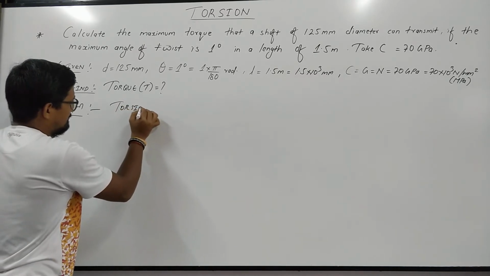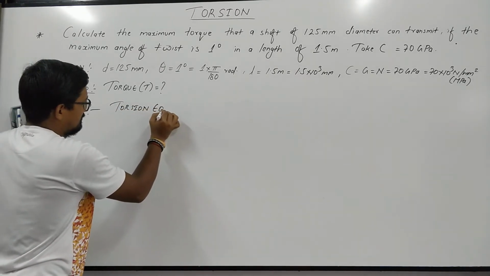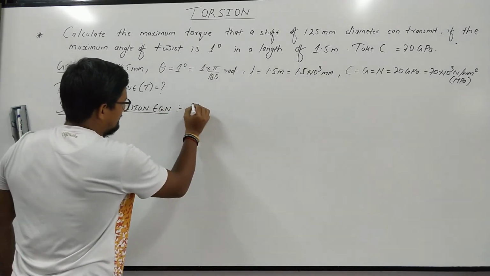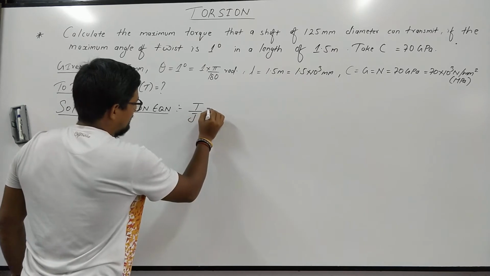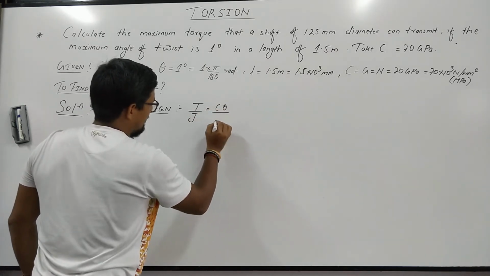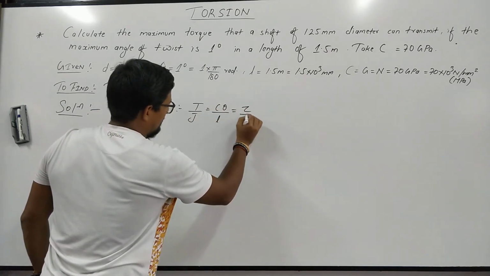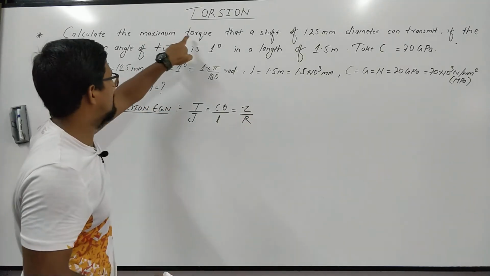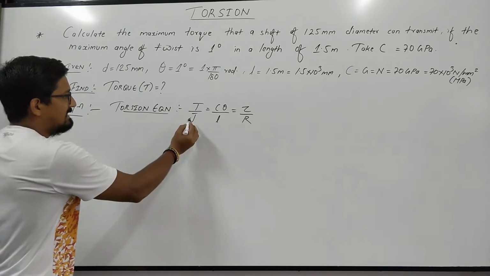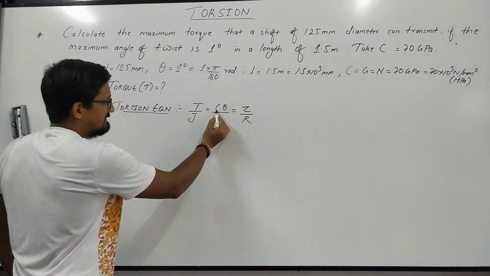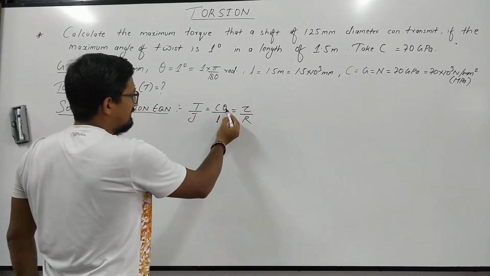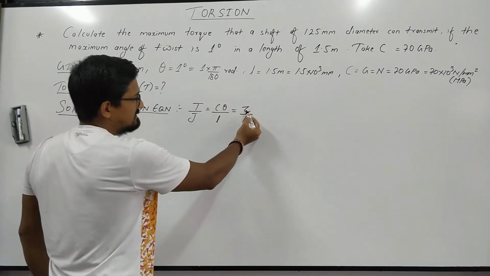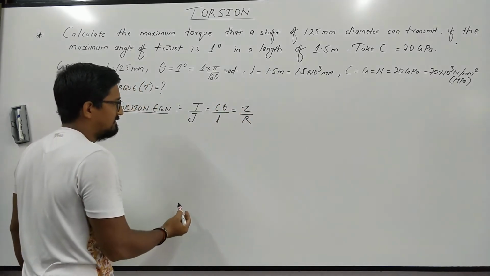Torsion equation, or we can say torsion formula. The torsion equation states that T by J is equal to C theta by L is equal to tau by R. T is the maximum torque transmitted, J is the polar moment of inertia, C is the modulus of rigidity which is given, theta is the angle of twist, L is the length of the shaft, tau is the shear stress of the shaft material, and R is the radius of the shaft.